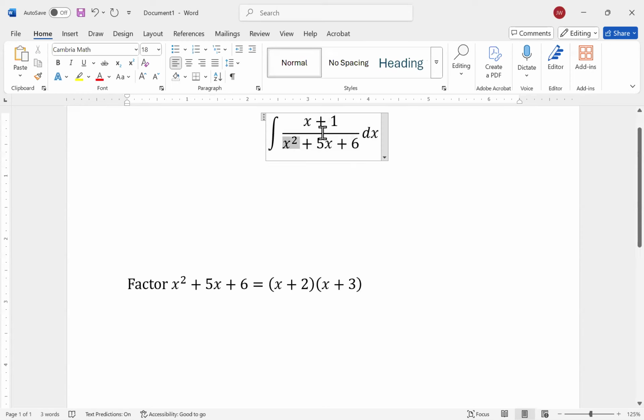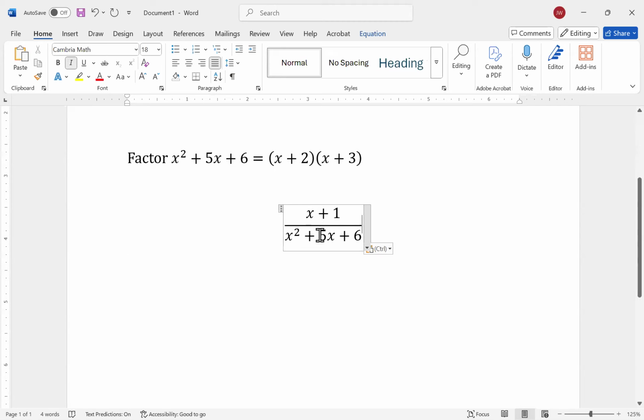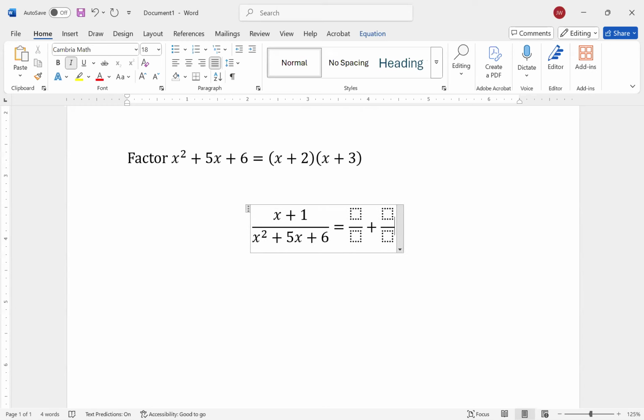Now that means I can take this rational expression, which has smaller degree in the numerator than denominator, and I'm going to write that as a sum of two fractions, one of which has x plus 2 in the denominator, and the other of which has x plus 3 in the denominator. And I just need to figure out what the numerator is.